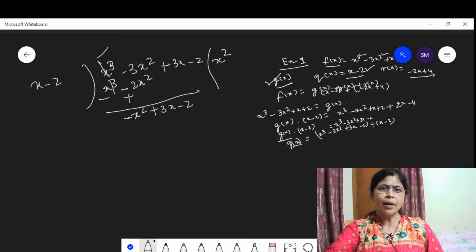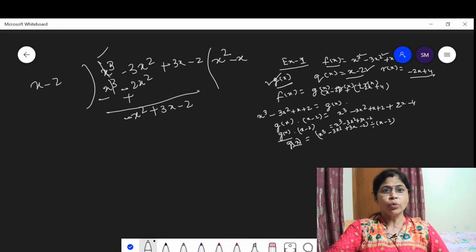Then to get minus x square from x, multiply it with minus x, which gives minus x square... minus 2x square. Minus 2 into minus x means plus 2x. Then we get x minus 2.